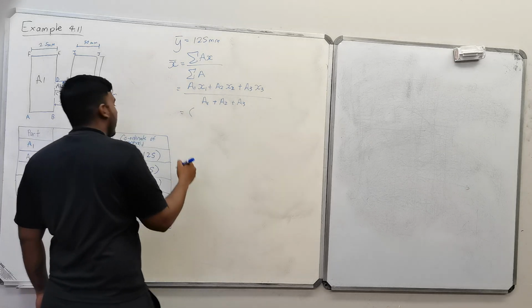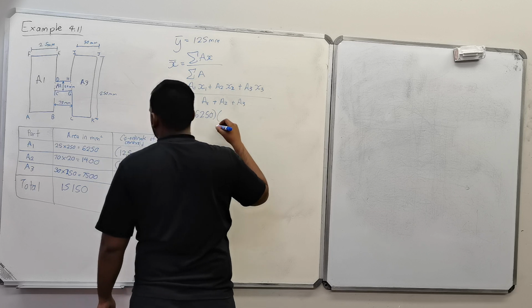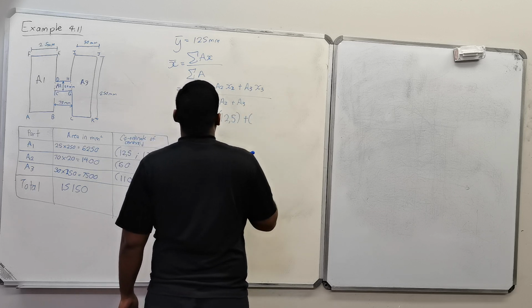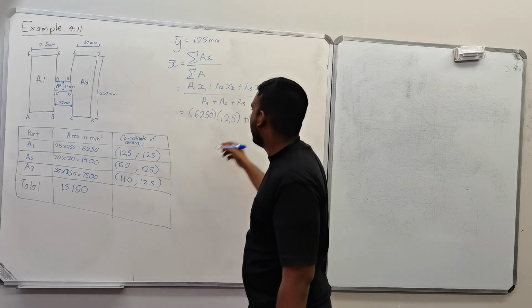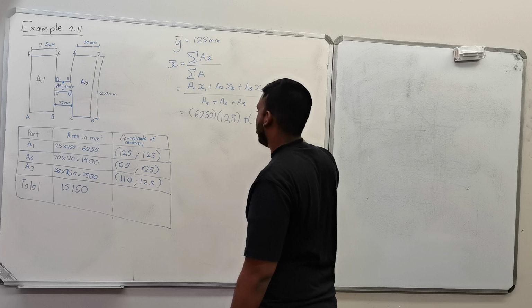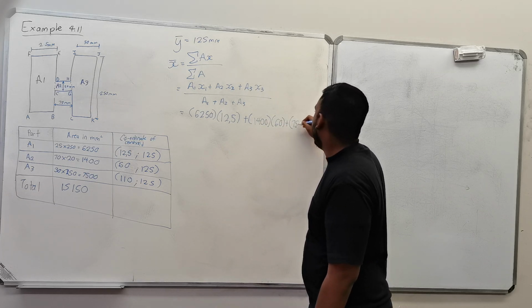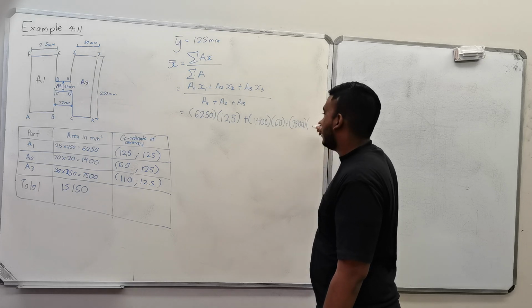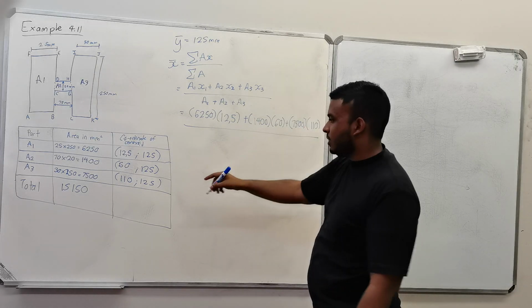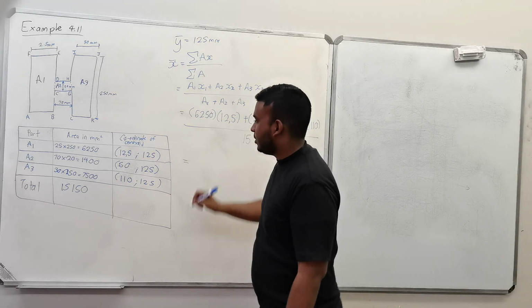So A1 we said is 6250, X1 is 12.5. A2 is 1400, X2 is 60. A3 is 7500, X3 is 110. All over the total we worked out, which is 15,150. And what's your value for X?